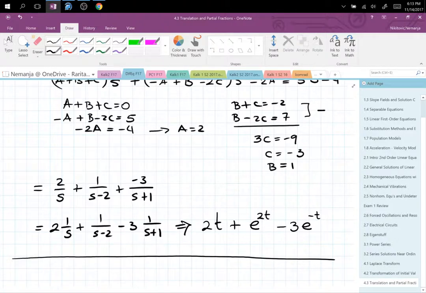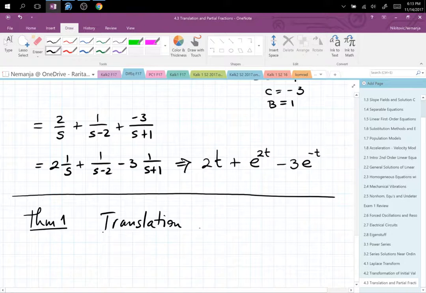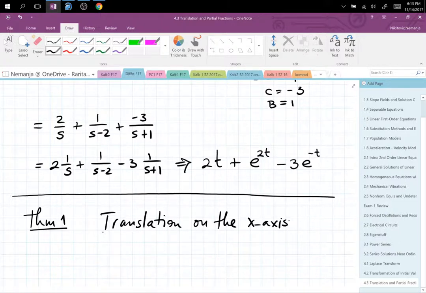Are we ready for the translation property? All right, let's do it. So this is Theorem 1 for this section. Translation means shifting, right? Translation on the s-axis. So Laplace transform exists and all that stuff.